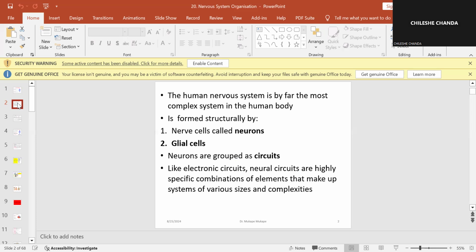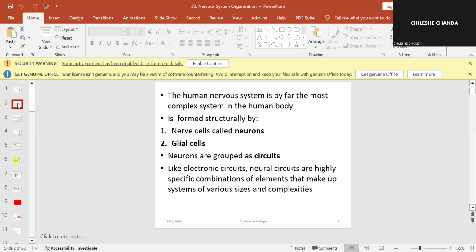We know that the nervous system is one of the most complex systems of the human body.